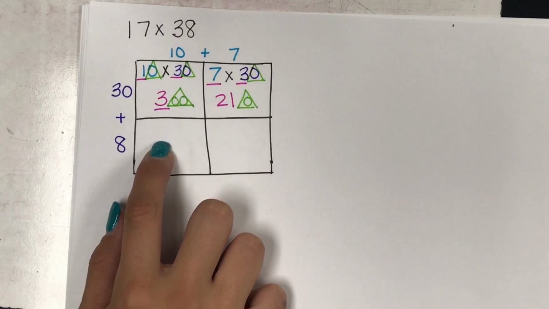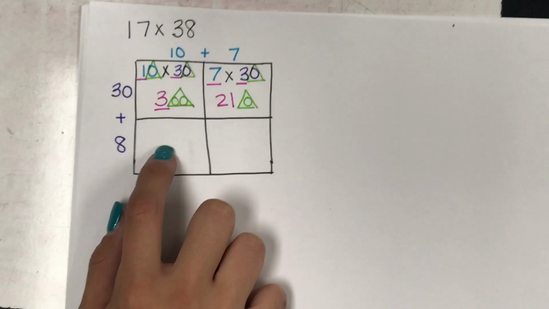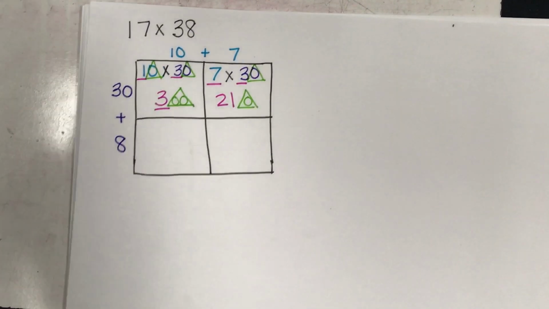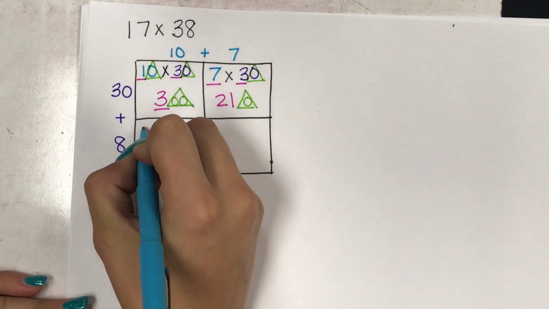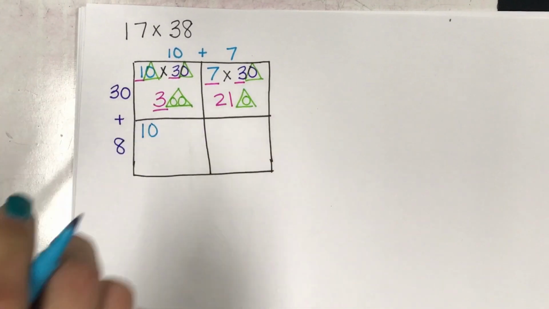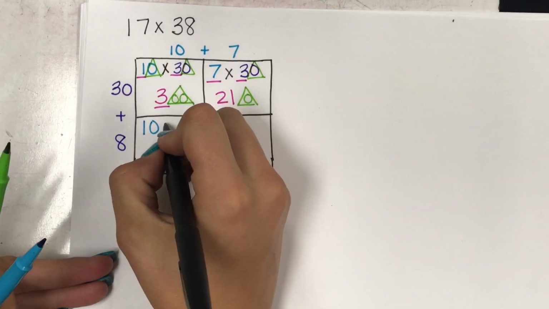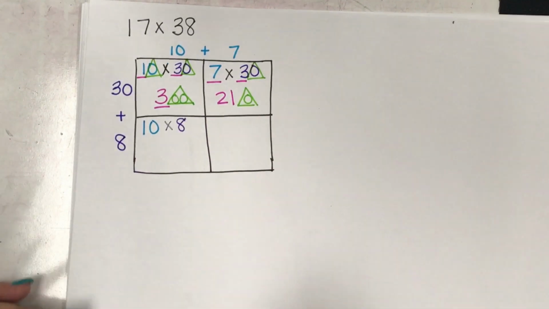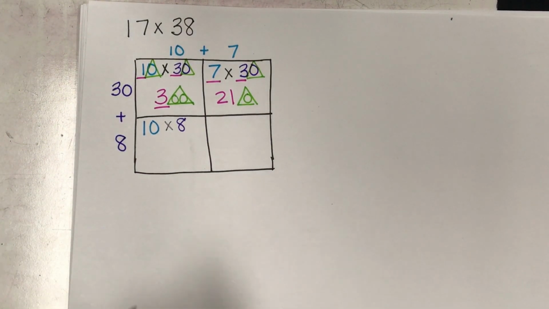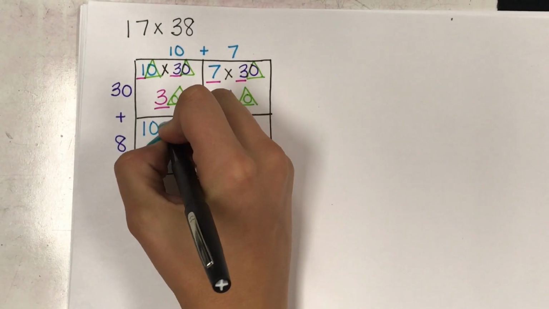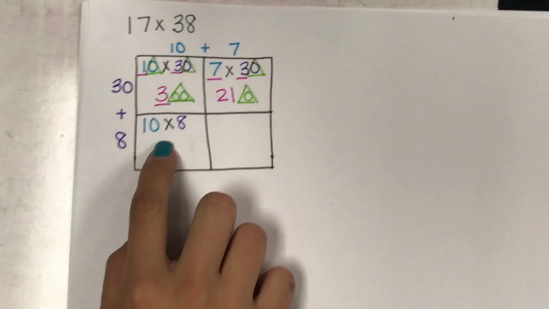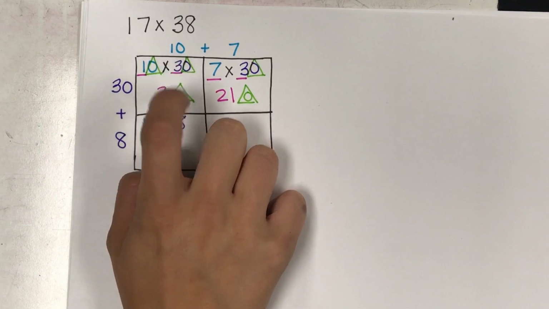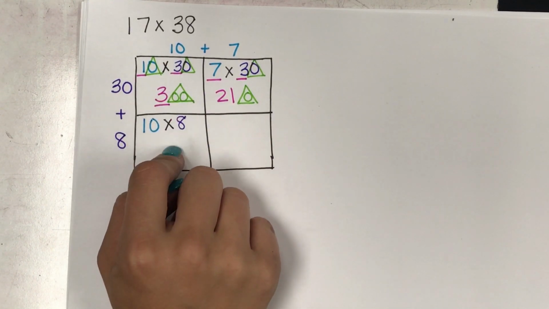In my next box, underneath my box on the bottom left, what multiplication is happening? 10 times 8. Why? Because if you see that number on top, and you already did that first box above, right below it, then you go to the next box.